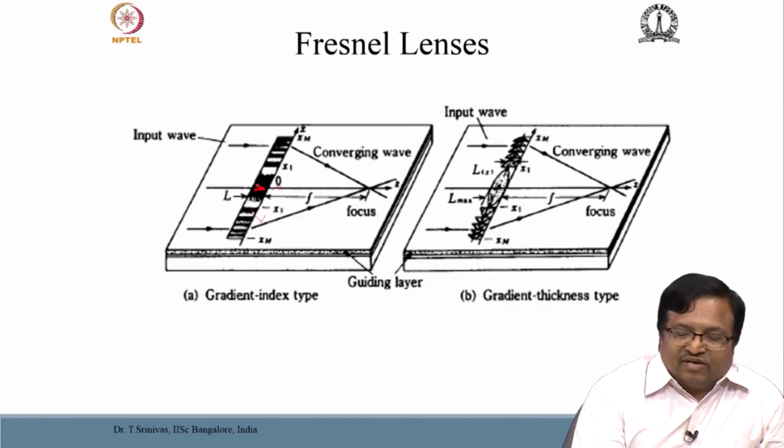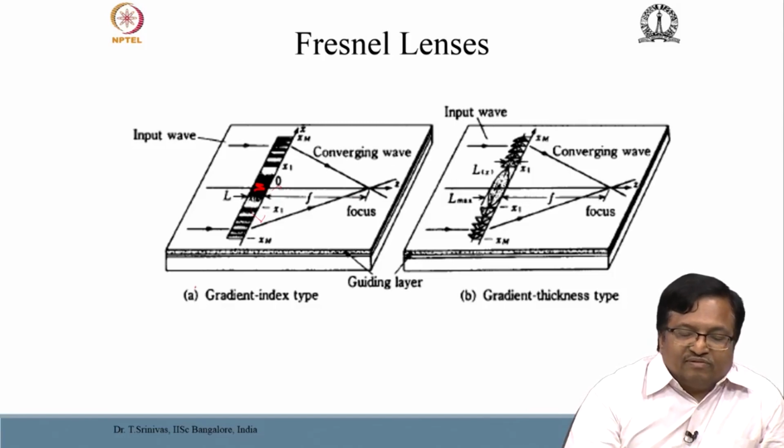There is a maximum refractive index in the middle and gradually reducing refractive index outside, according to a given pattern. So, you can say that there is a refractive index profile across the width of the waveguide, which can be designed to make a converging type of lens.